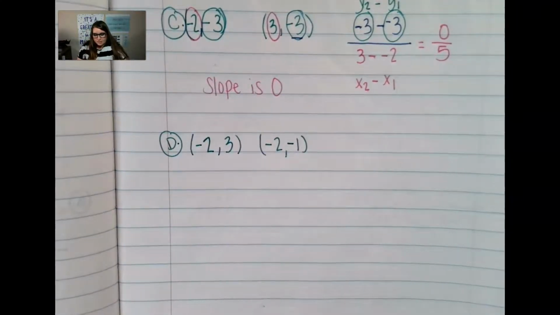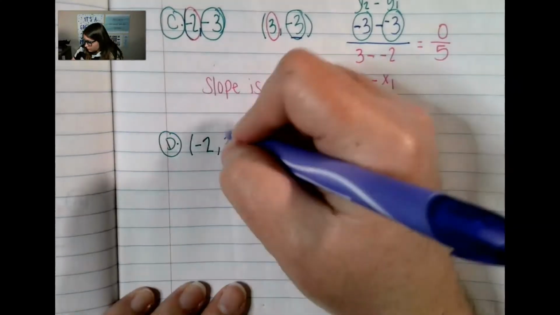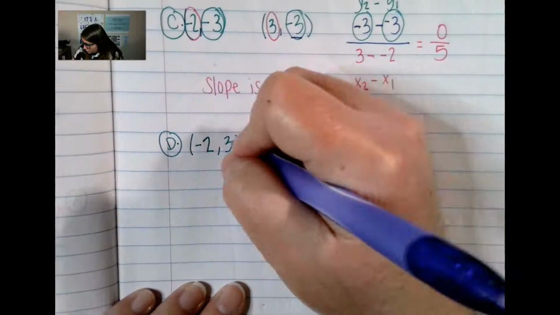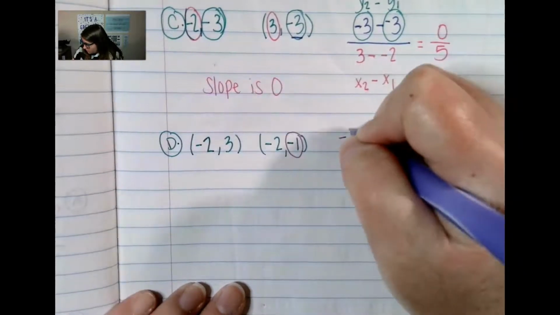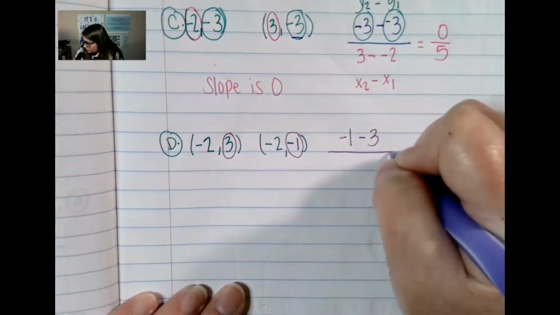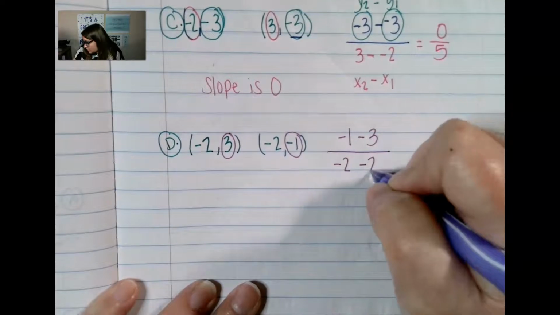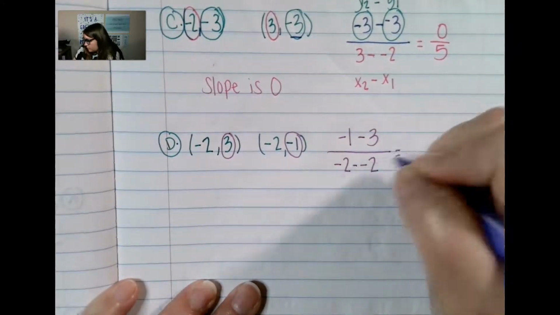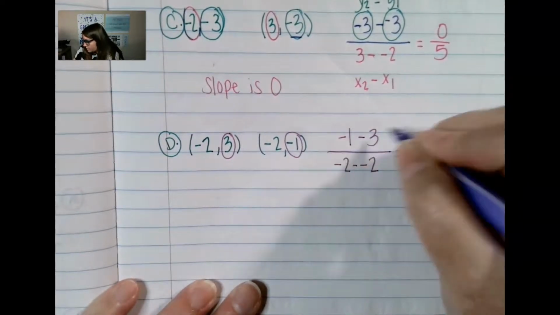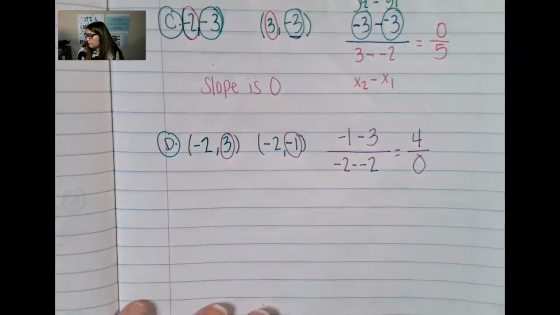Again, we're going to set this up so that we have y's going first. So -1 minus 3. And then on the bottom, you have -2 minus a -2. Well, that's 0 on the bottom. And you have -1 and you subtract 3 more.